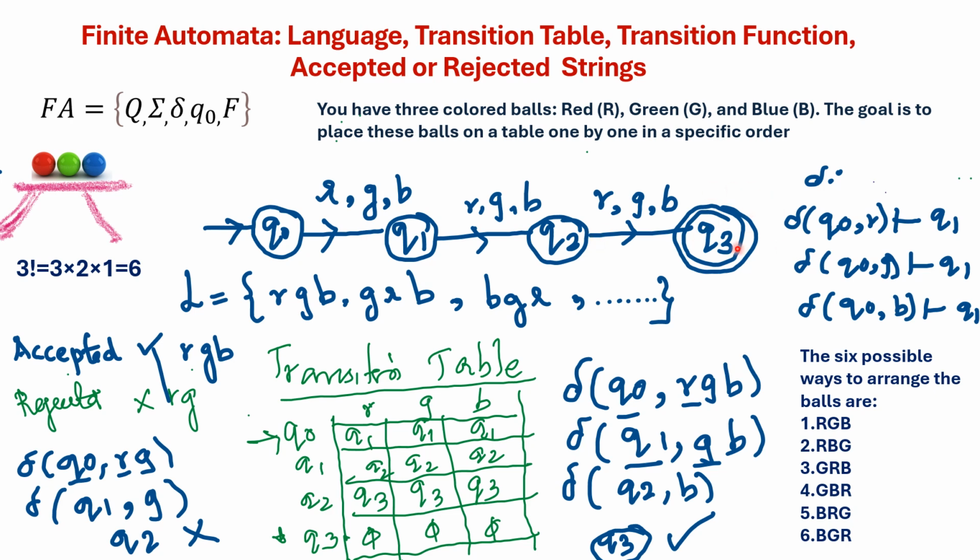When the string is accepted, you reach the final state from the starting state, and then we can announce the string is accepted. Now you see R is not possible, but we get the string red, green, blue. So any combination you can take. Like that we have to draw the machine. Thank you.